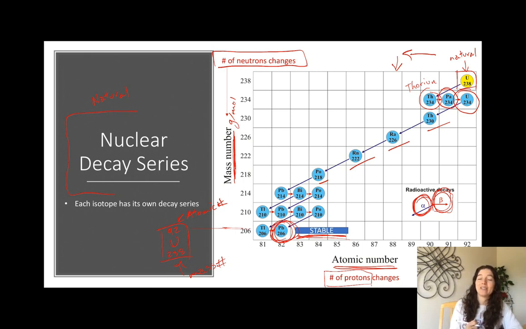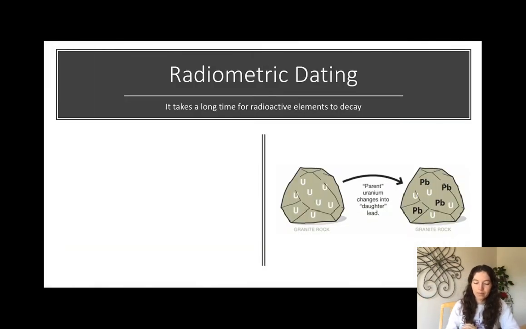So this is something unique that nuclear decay does. And we will talk about this in topic 11.3. The main thing to take away from this graph is that every single atom that is radioactive has a specific decay process that is specific to that atom. So if you had looked at, say, U-235, it'd have an entirely different process.